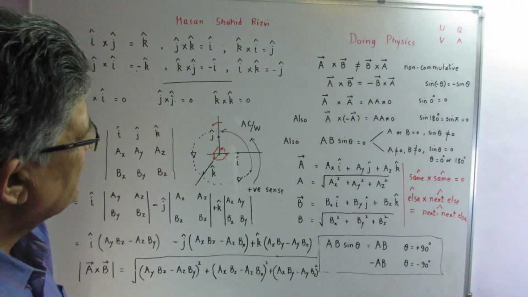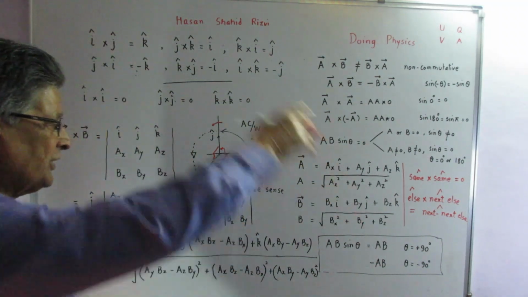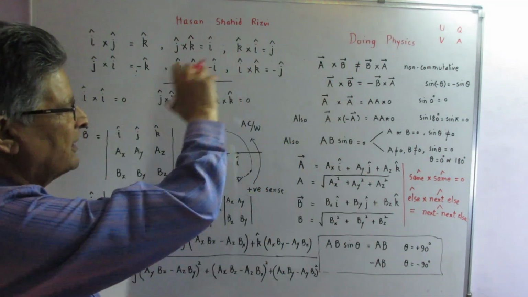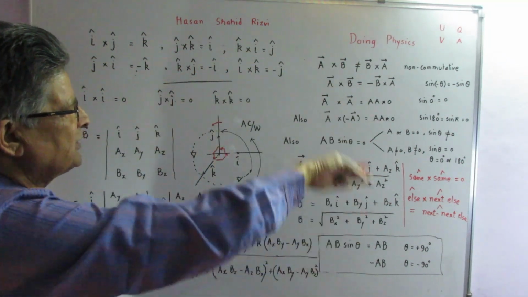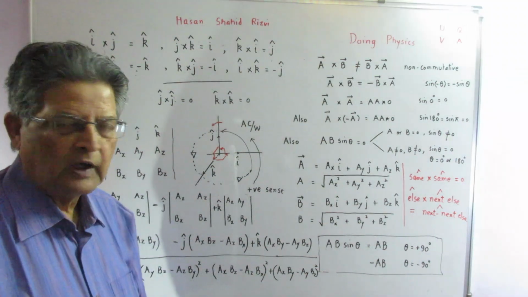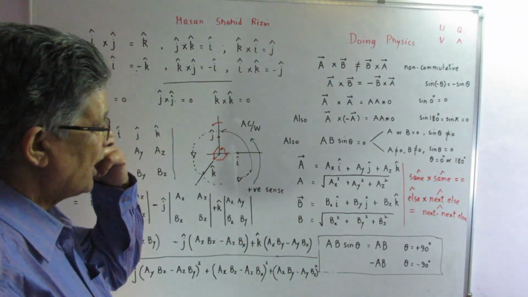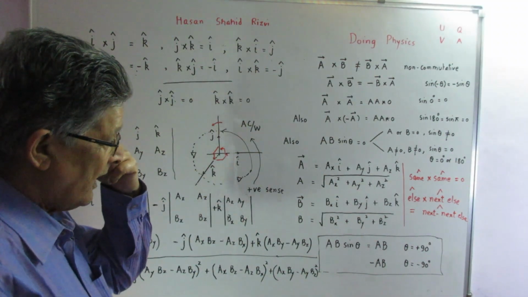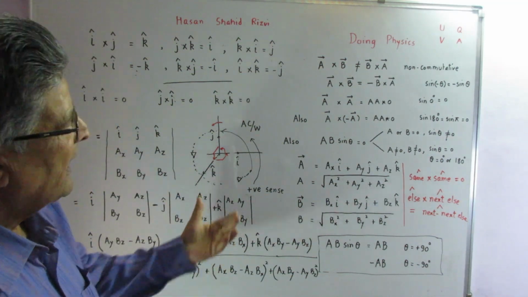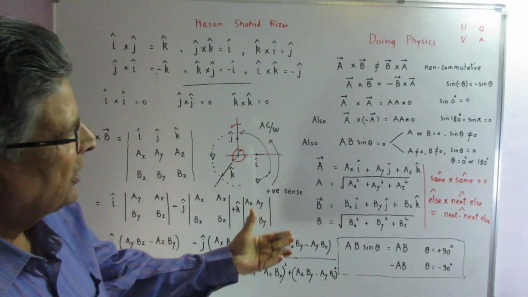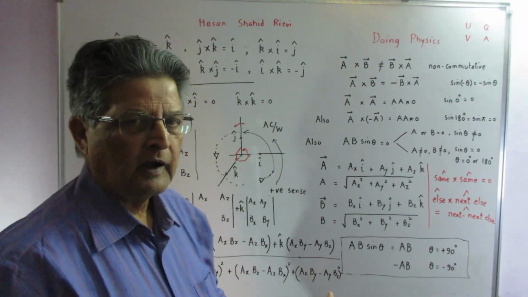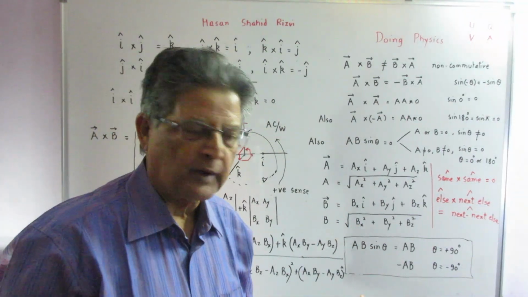I have to understand that the order should be a positive sense of rotation, which is anti-clockwise or counterclockwise, and we should follow the order. Next we are going to show that we do follow the order and we are happy.